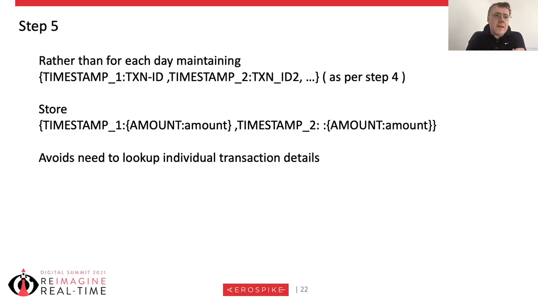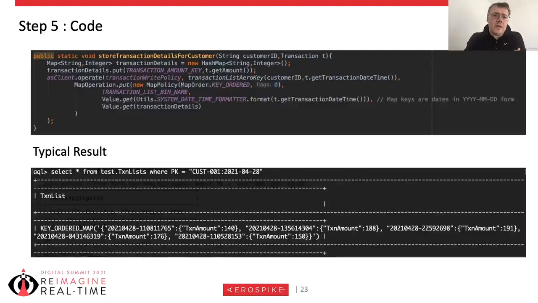So again, I'm storing maps within maps rather than values within maps. The fact that I can store a map within a map gives me the flexibility to put whatever quantity I want into that submap, whereas if it was pure key value, I wouldn't be able to do that. And the point of this is that I'm then not having to go away and do those secondary lookups.